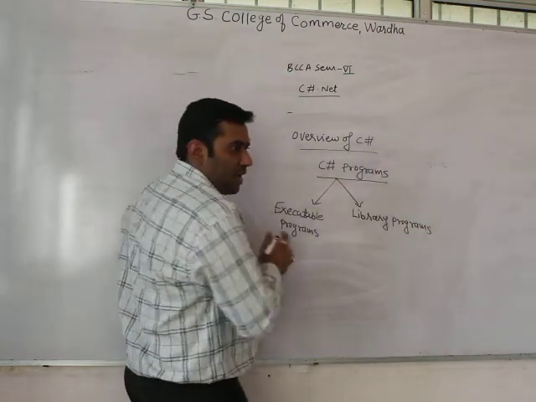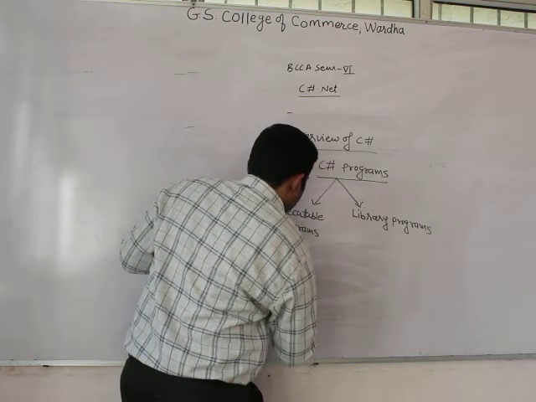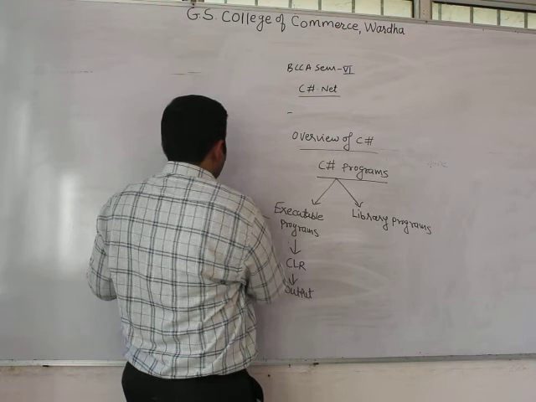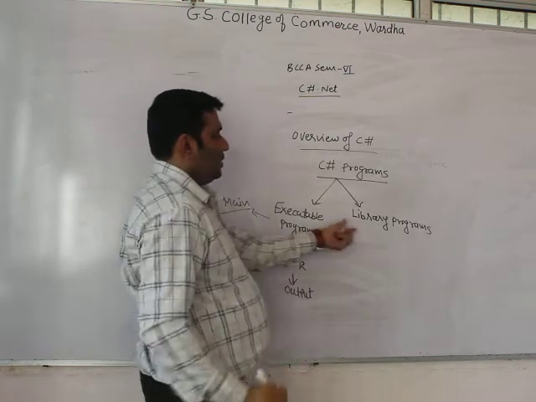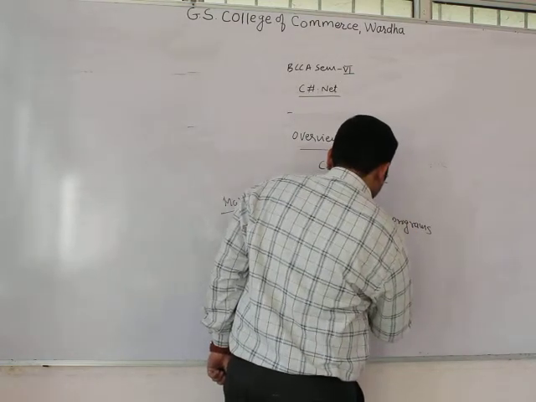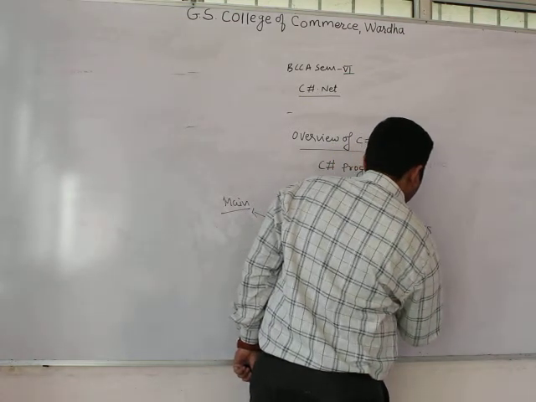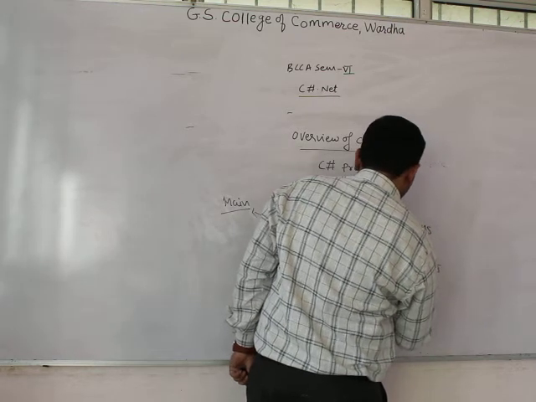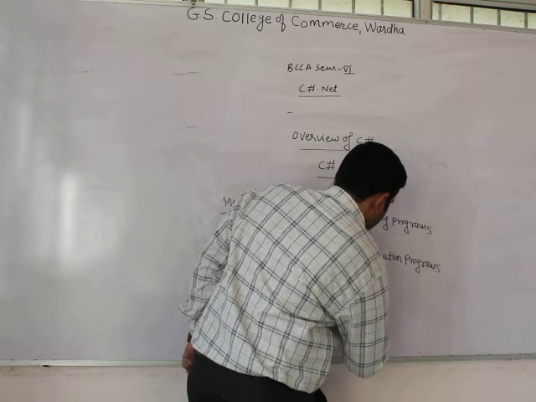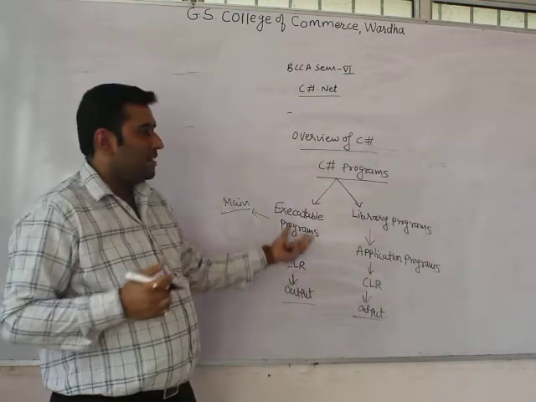In the executable program, the CLR is used for the execution, and it is also necessary to write main. But in the library program, there is the application program, then the CLR, and then the output.